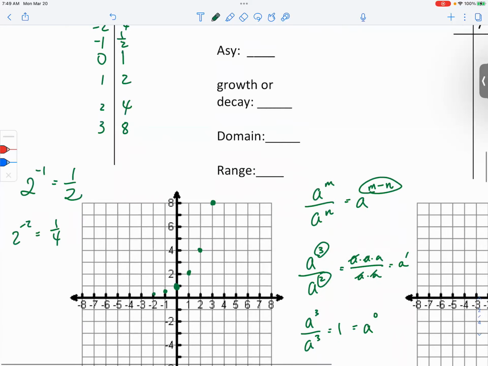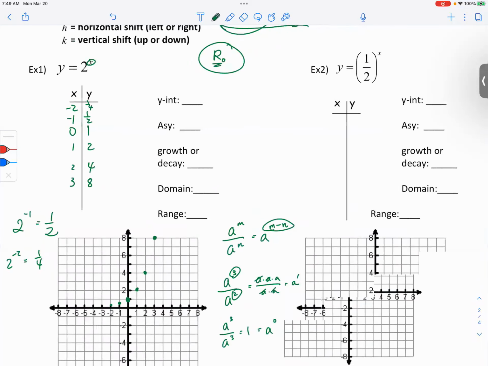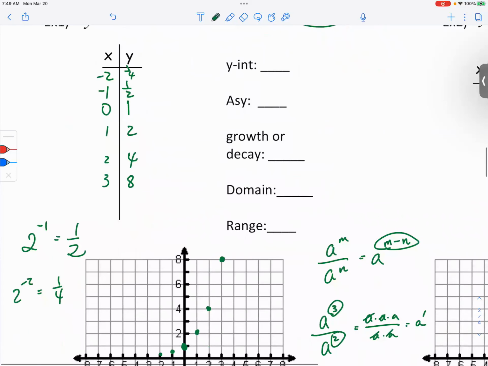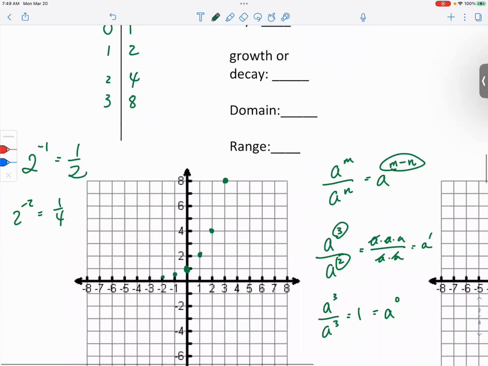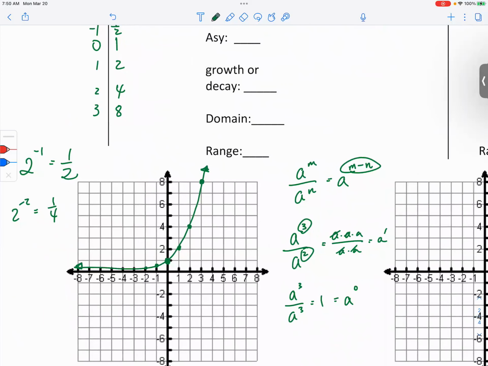Okay, and as a matter of fact, when you have a number like 2 right here, whatever power it raises to, it will still be positive. So this is the graph which shows some sort of growth.